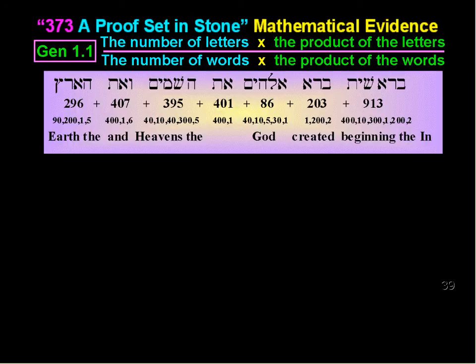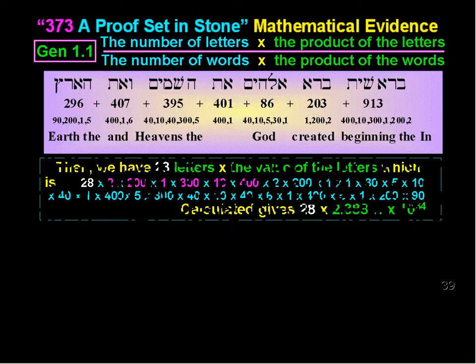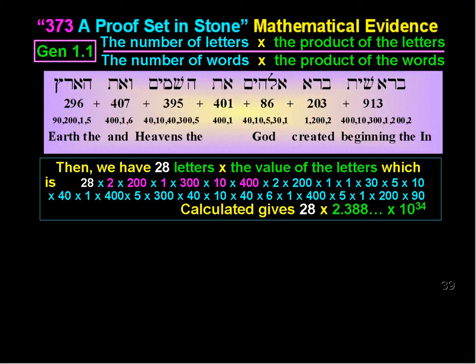The first words of Genesis are, "In the beginning God created the heavens and the earth." Then we have 28 letters times the value of the letters, which is 28 times 2 by 200, by 1 by 300, by 10 by 400, and so on. Calculated gives 28 times 2.388 times 10 to the power of 34.